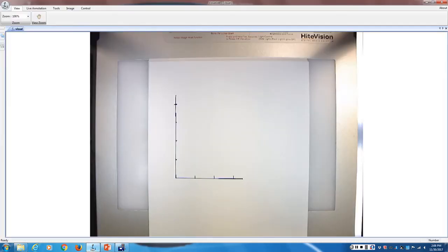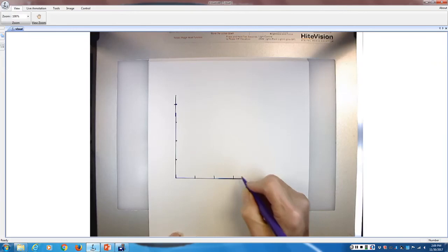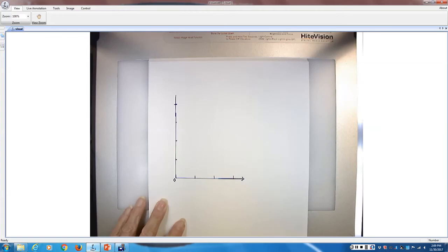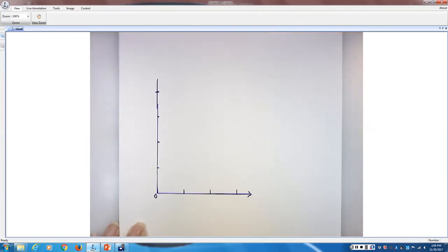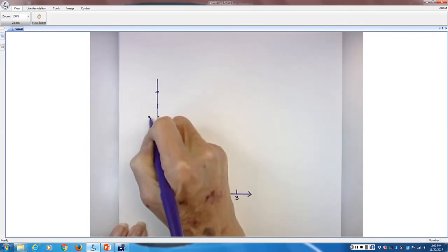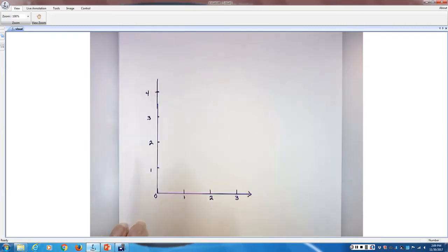Here I've got a graph. This is 0, 0. This is 1, 2, 3. 1, 2, 3, 4.